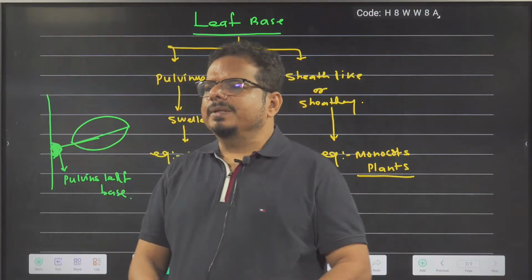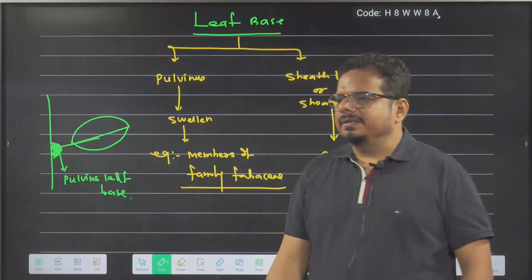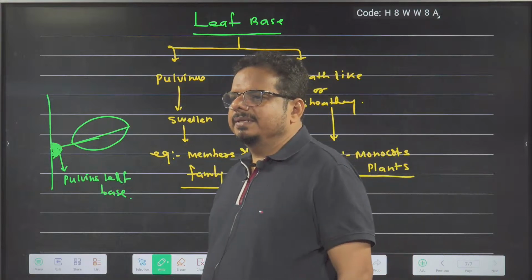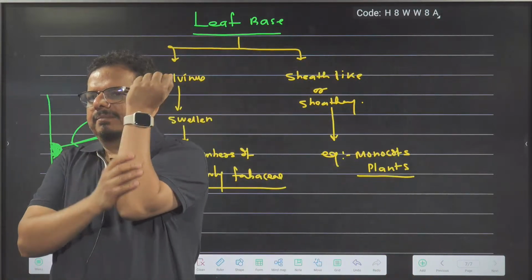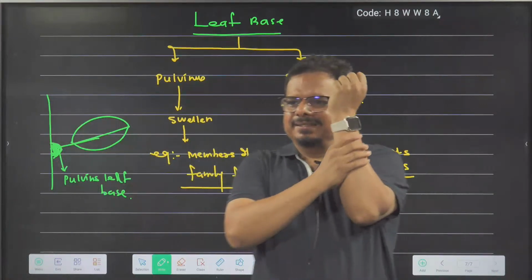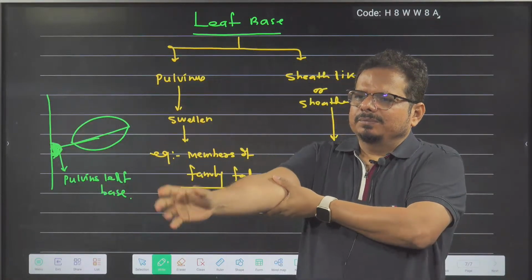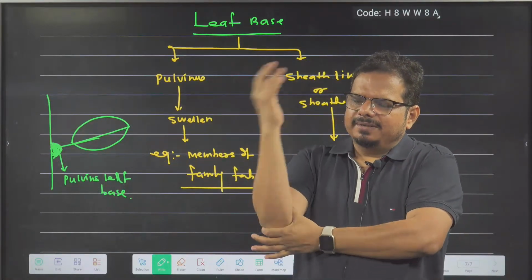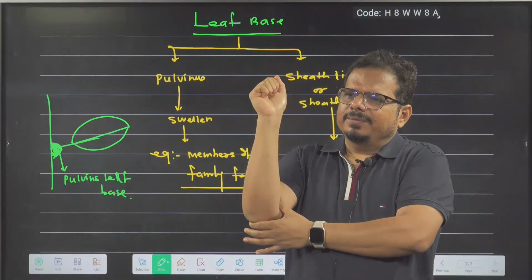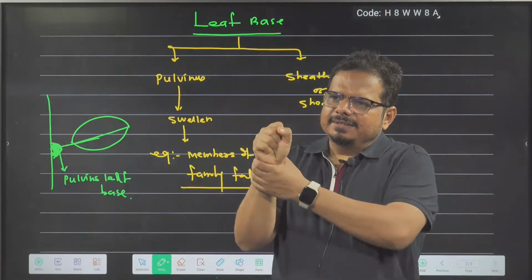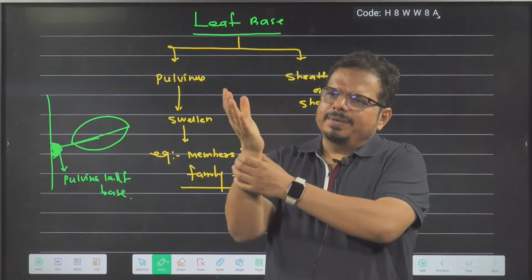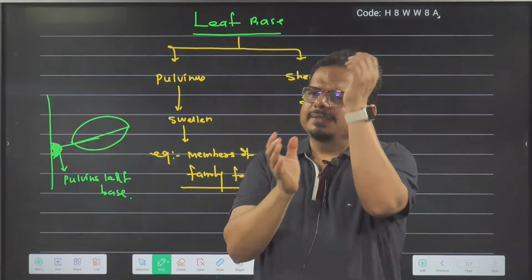I am telling you with the help of an easy example, in a 3D way. Look here, this is a stem. And assume from here to here is the petiole, and this part is the leaf base. You think of this palm as the leaf base, and this is the petiole, and this is a stem.